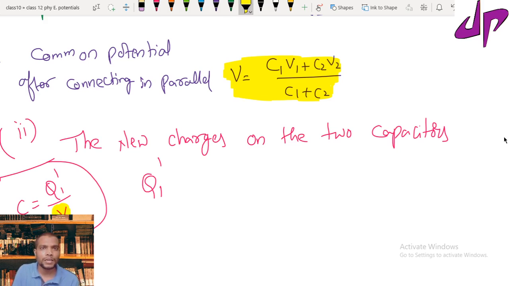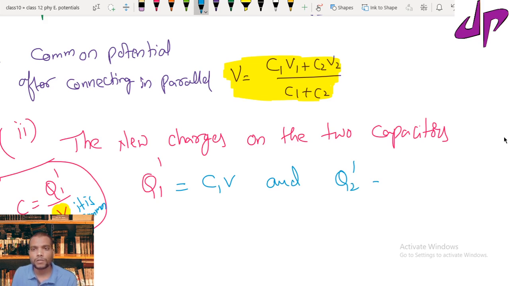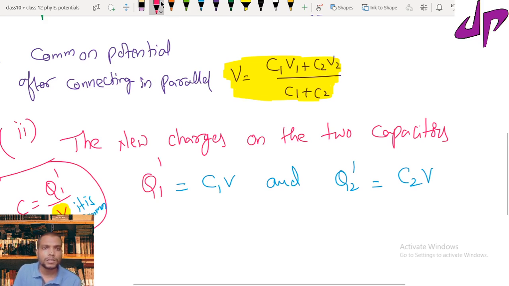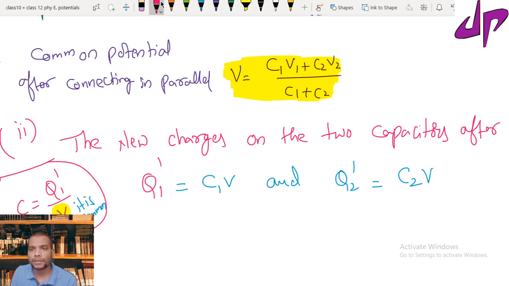So this V is constant since it is in a parallel combination. So from that expression, we can write Q1 dash equal to C1 times V, and similarly for Q2 dash, the charge on the other capacitor, equal to C2 times V. So these are the new charges on the two capacitors after parallel connection.